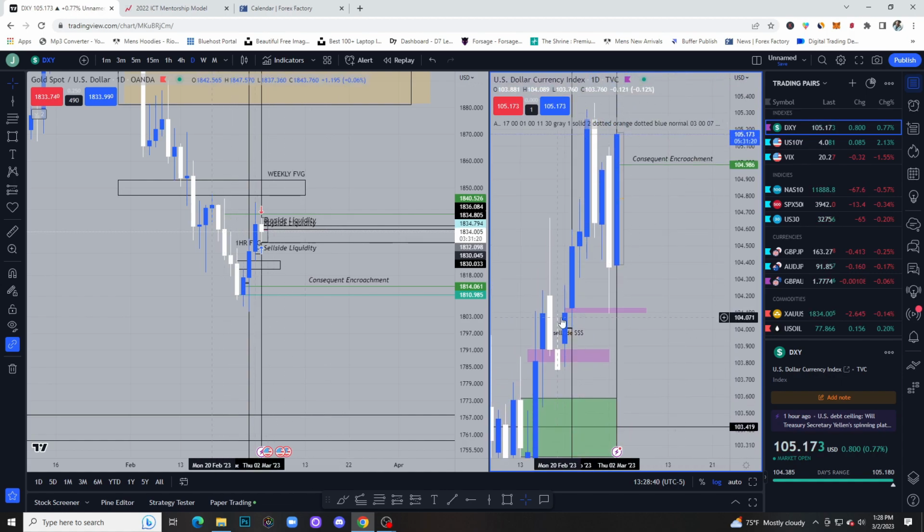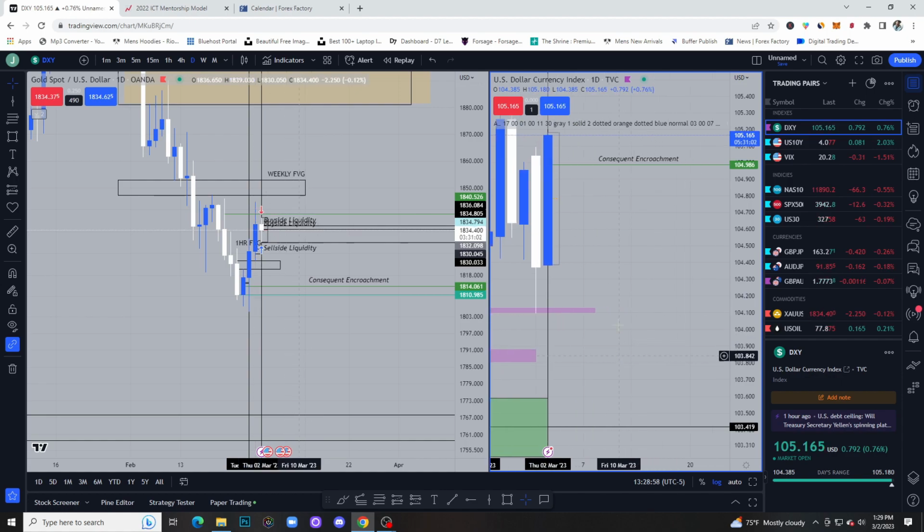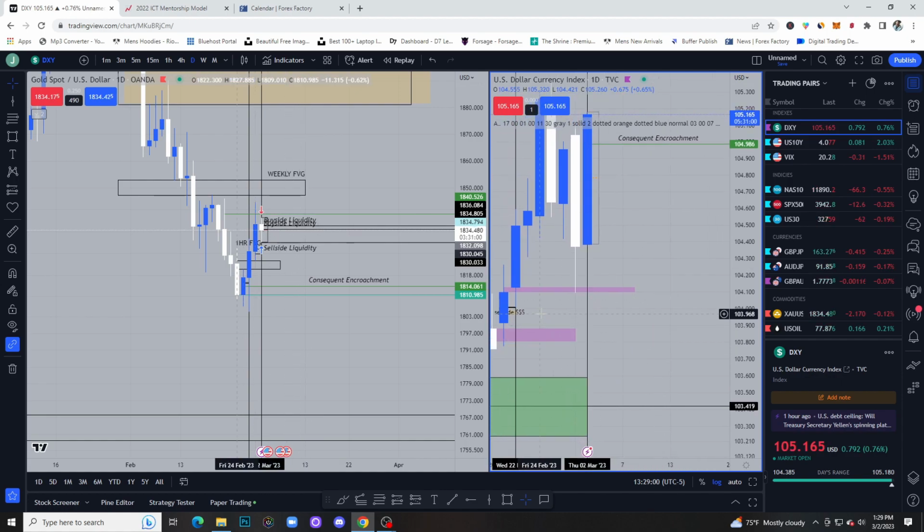This was formed last Wednesday, the 22nd of February. And as you can see, yesterday, Wednesday, March 1st, it came down and tapped into this area and delivered here perfectly. It's a nice clean touch right in here.